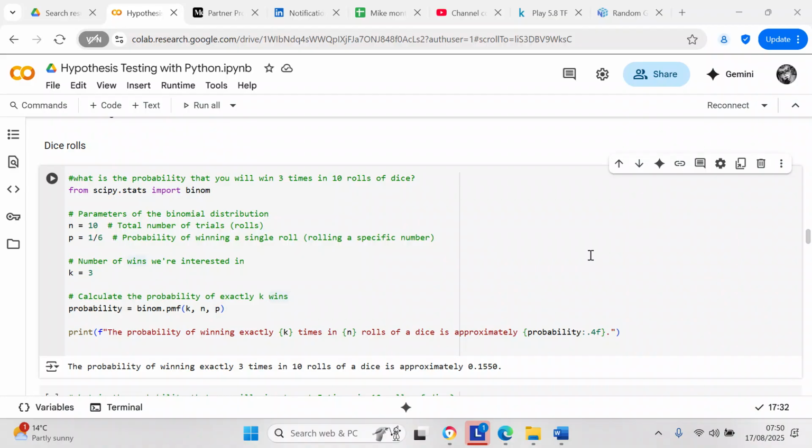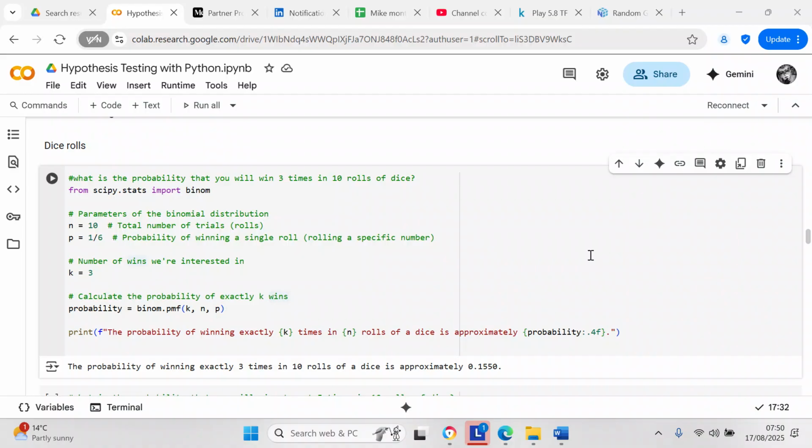Now we're going to run a test on dice rolls. That's the practice question we're going to work on. It says, what is the probability that you will win 3 times in 10 rolls of dice? We're going to write a program in Python to solve this question.